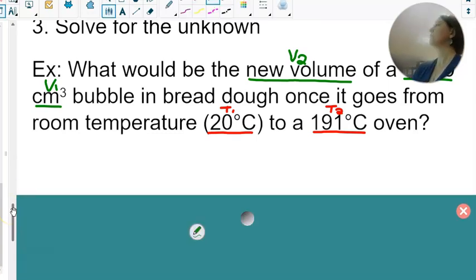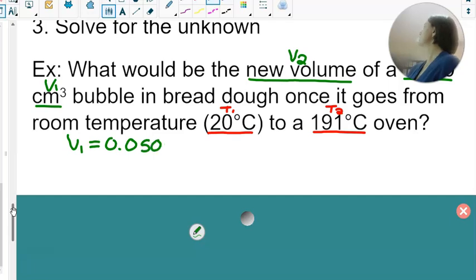V1 equals 0.050 cubic centimeters. V2 equals our question mark.